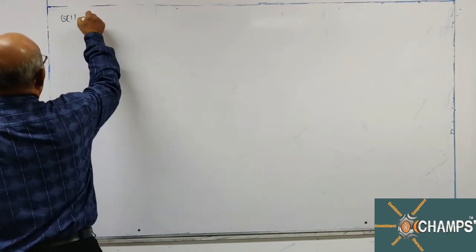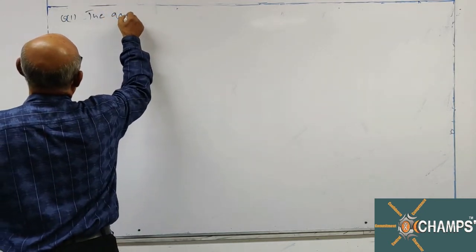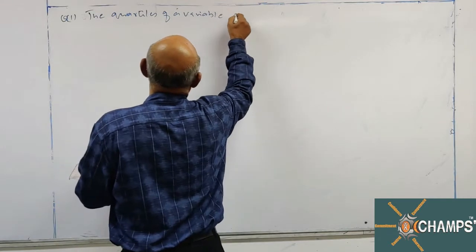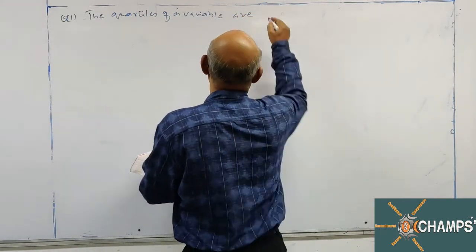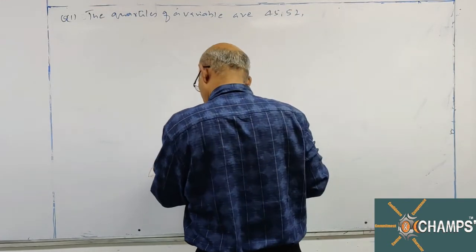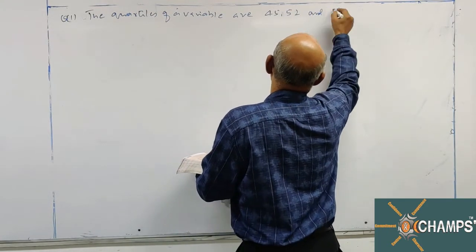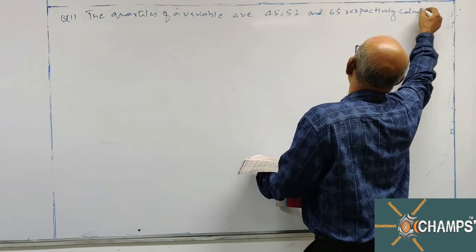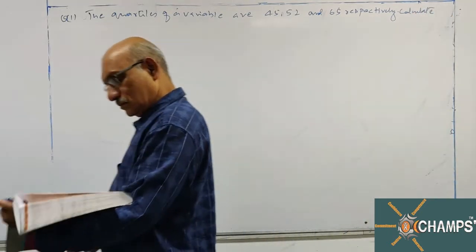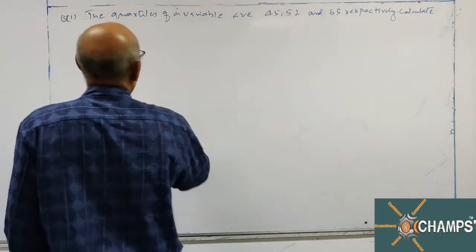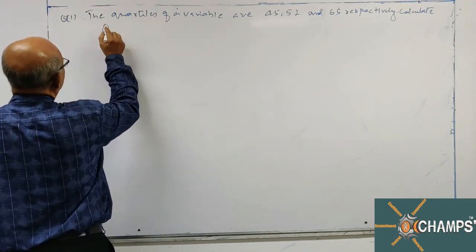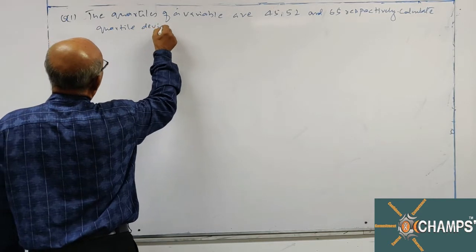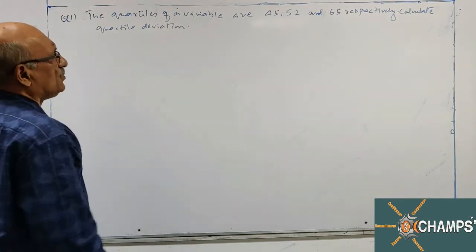The quartiles of a variable are 45, 52 and 65 respectively. Calculate quartile deviation.